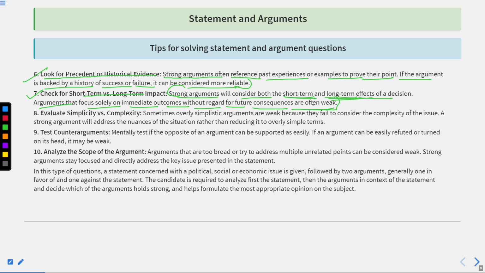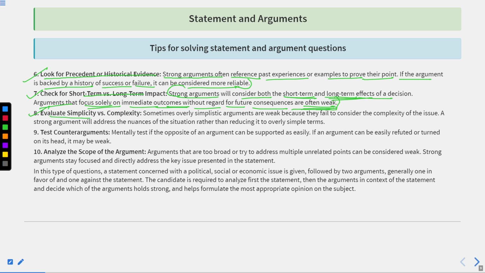This is the strong argument, which considers not only the short term but also the long-term effect. Arguments that focus solely on immediate outcomes, meaning the short term, without regard to future consequences are often weak. So the impact of the argument over the statement has to be taken into consideration.